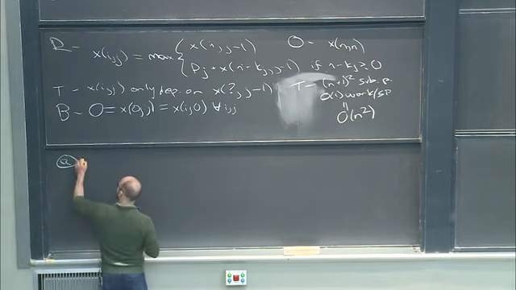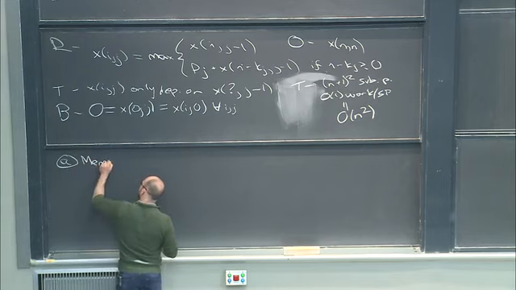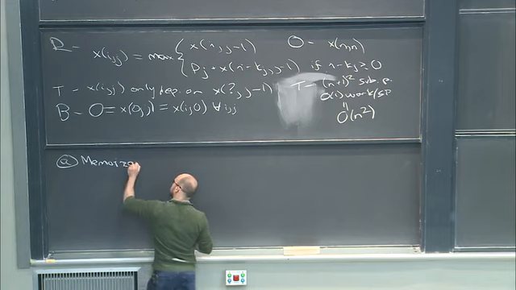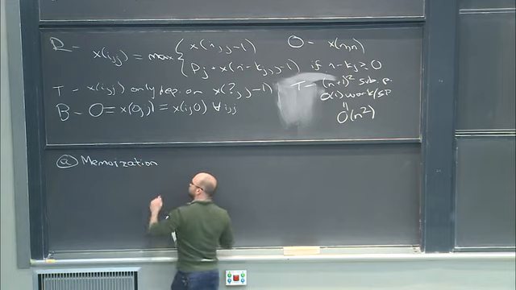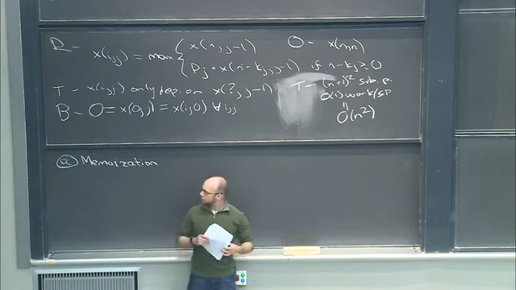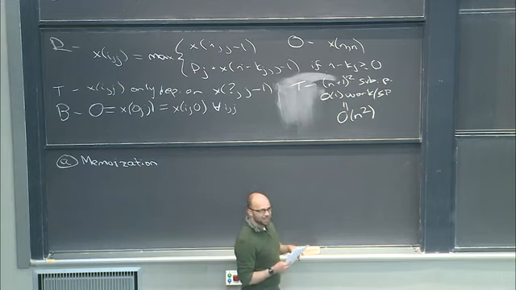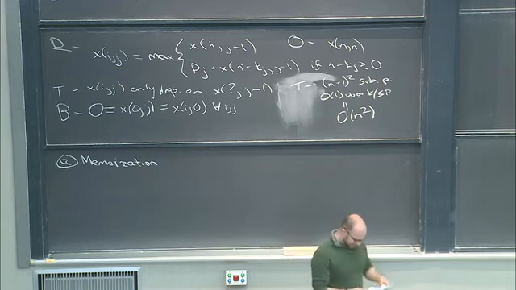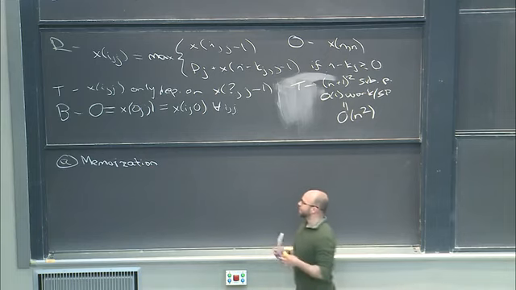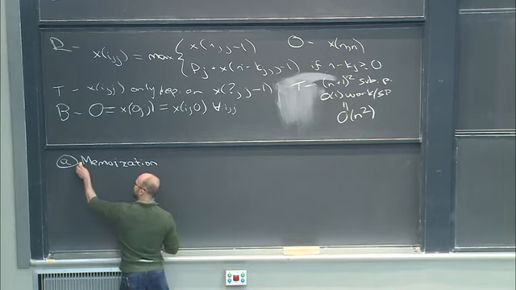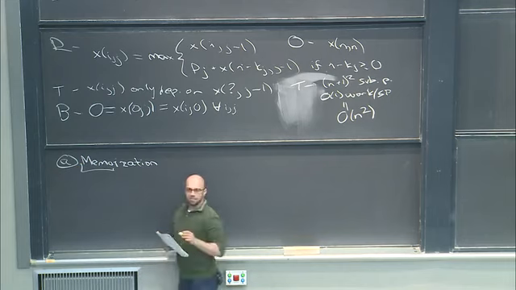So option A here is memoization. Ironically, I've taught and TA'd algorithms a few times, and I never actually knew what memoization meant. So I learned something from Erik's lecture the other day. Remember, the key thing in memoization, which apparently is kind of a made-up word, is memo.